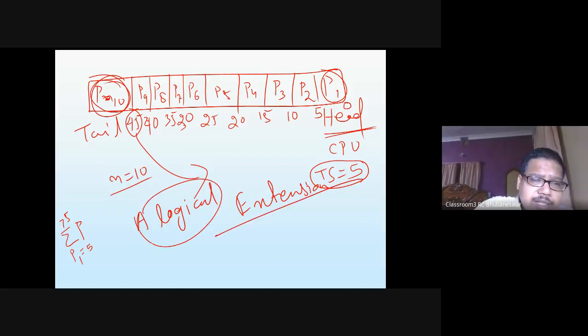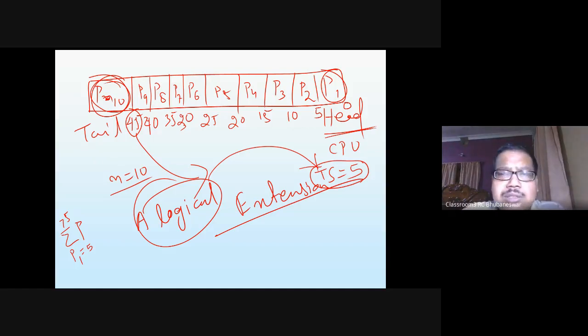And what is this logical extension? This logical extension is not other than the time slice we are using. If you add a time slice to every multi-programming system, every multi-programming system will work as a time sharing system. So there is not much difference between them.